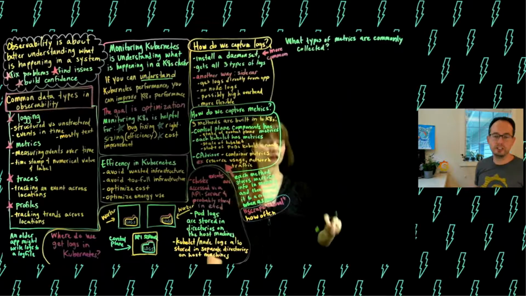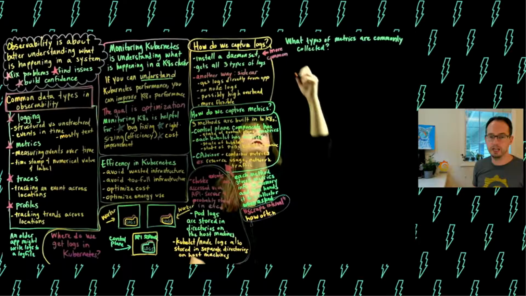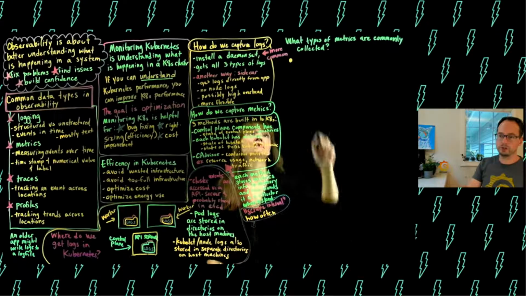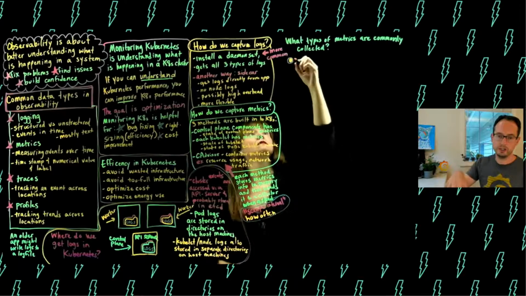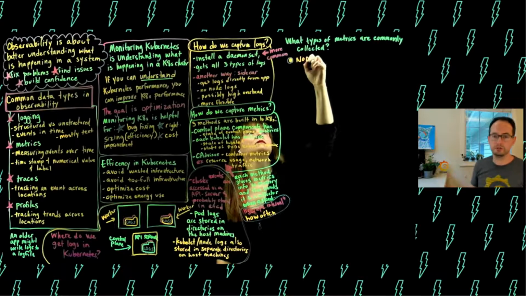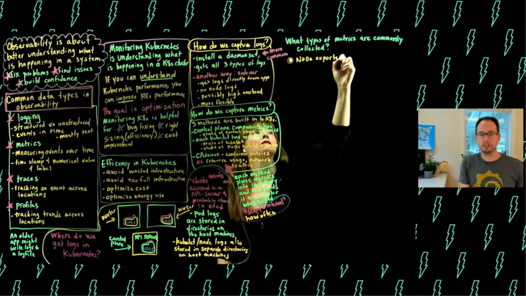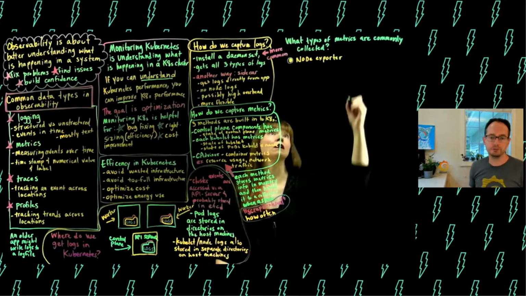So much like cAdvisor is there to measure CPU usage and memory and file system usage of the containers, Node Exporter is saying, how much CPU is available and how much is being used on the actual node. That really is useful for looking at capacity of the cluster, memory usage of the cluster, even the file system level.